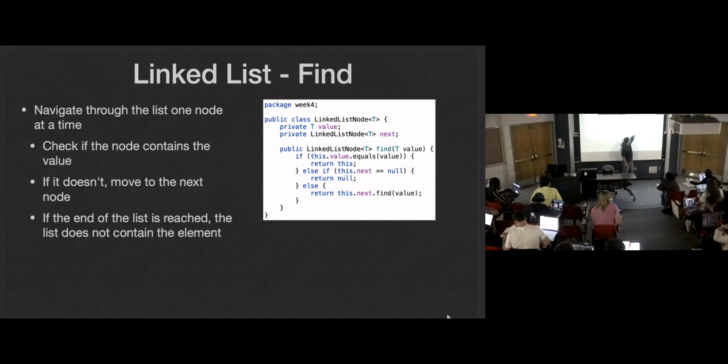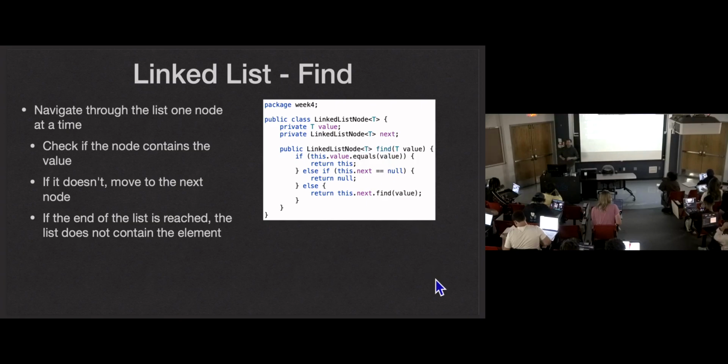Because if it is, great news. I found what I'm looking for, and I'm going to return a reference to the node where I found that value, which would be this. This stores a reference to that linked list node. We can treat this effectively like a variable. So I'm going to return whatever this resolves to, which is the node that has this value, or the first node that has this value, and return that reference.